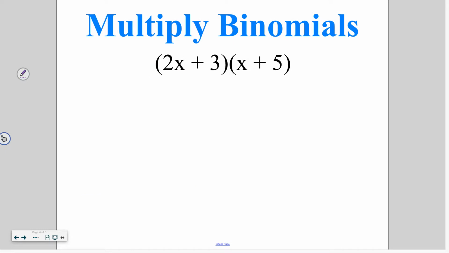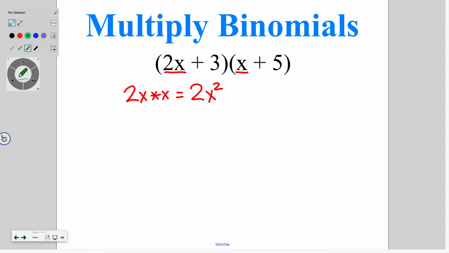So for example, I've got 2x plus 3 times x plus 5. First, I'm going to look at my first terms, which is 2x and x. When I multiply those, 2x times x, I'm going to get 2x squared.